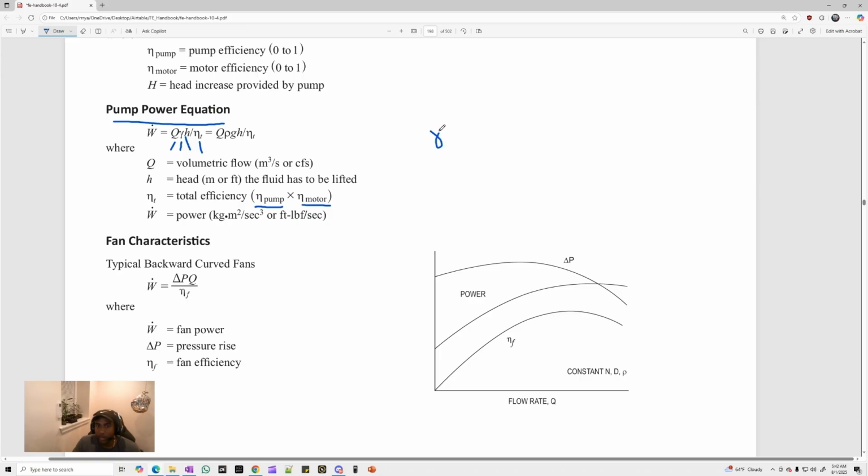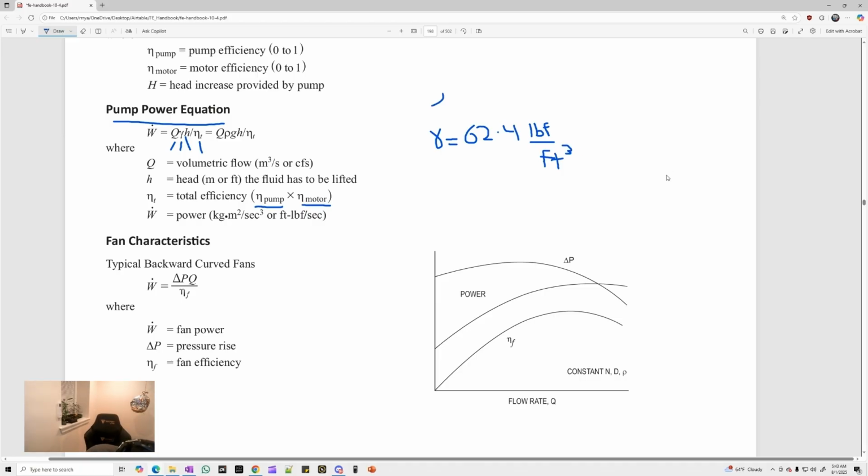The specific weight of water is 9810 newtons per cubic meter, or in the English system, it's 62.4 pound force per cubic foot. I also want to make a point here.